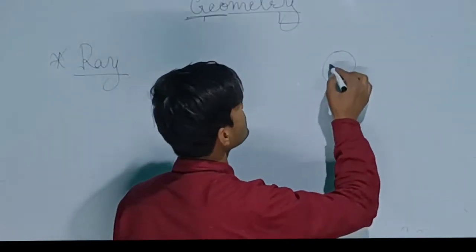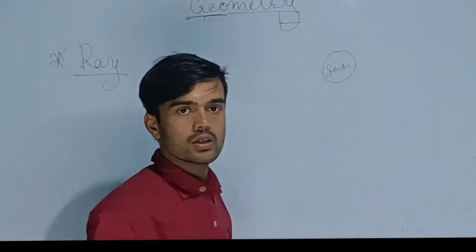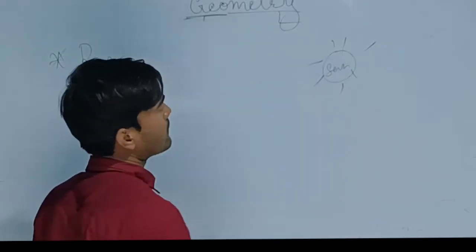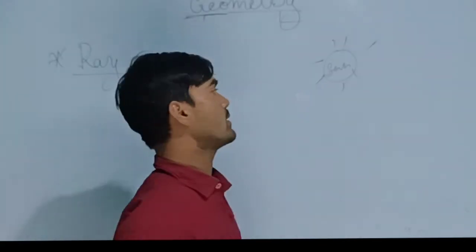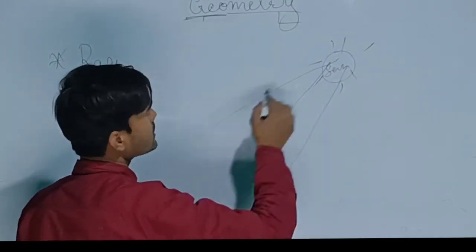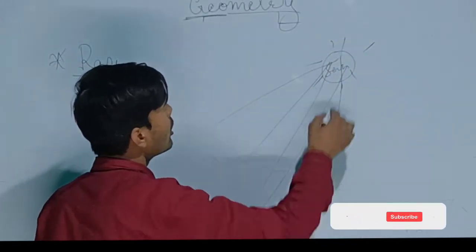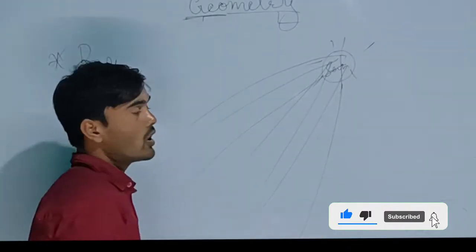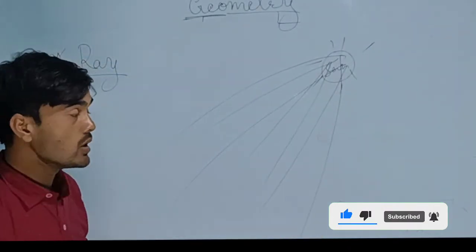See, this is the sun. In morning time or afternoon time, you have observed rays coming from the sun, or lights coming from the sun down to the earth.